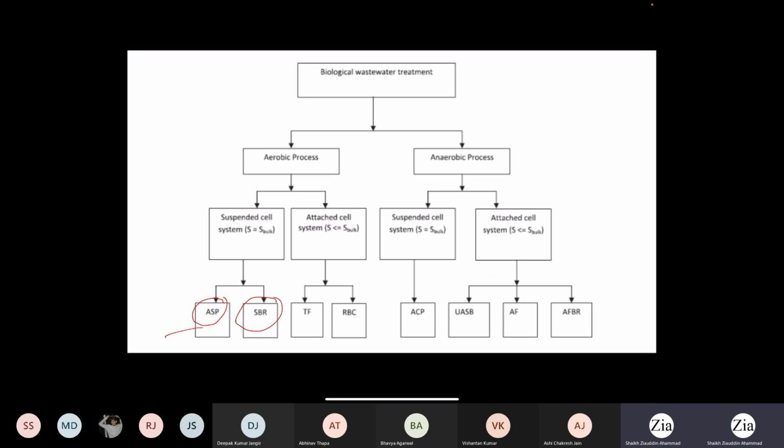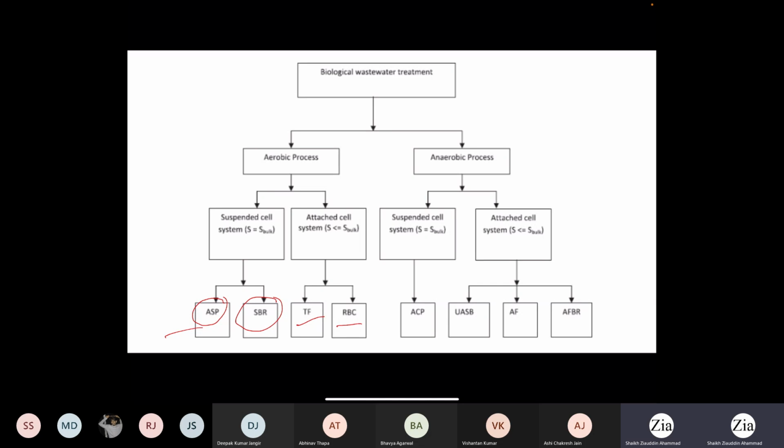For attached cell system, the common design is trickling filter and rotating biological contactor. And for suspended cell system for anaerobic, you have anaerobic contact process. It is very similar to CSTR, anaerobic CSTR. And for attached cell, you have multiple options. One of the common reactors is upflow anaerobic sludge blanket.